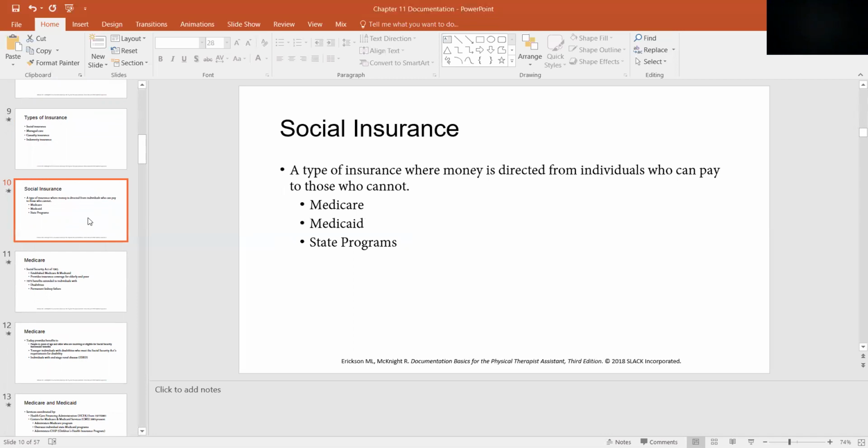I don't know if I necessarily like that definition. Medicare, we get when we get to a certain age, which is going to come up on different slides, but the true definition of social insurance, that is what it is, but not quite how I look at Medicare.